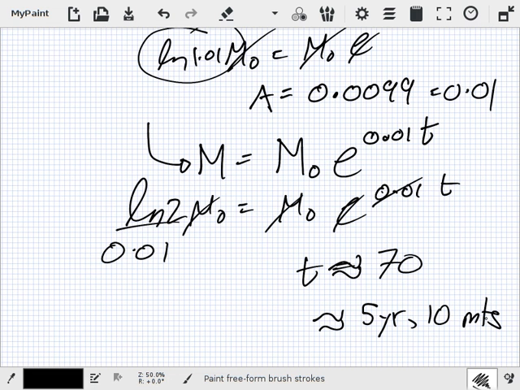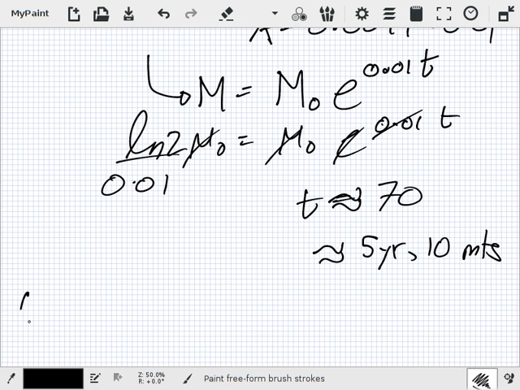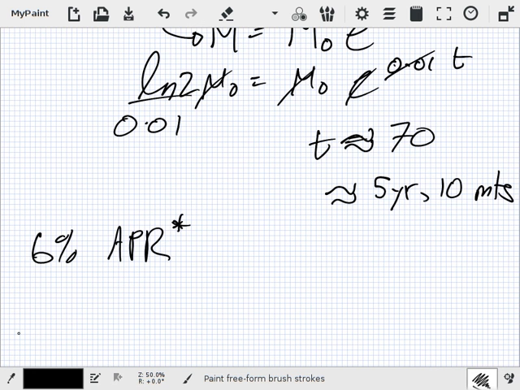I'm sure you've seen this on ads for banks, something like 6% APR. APR just means the amount per year. But it doesn't mean that they pay you once per year. In the small print, there'll be a little star, saying something like paid per whatever. Some banks pay every month, some every 3 months, some every 6 months.